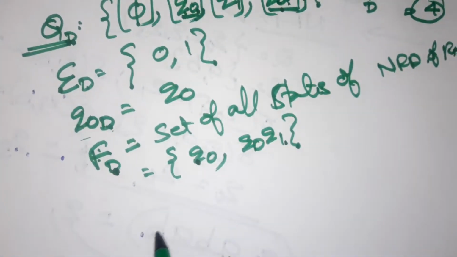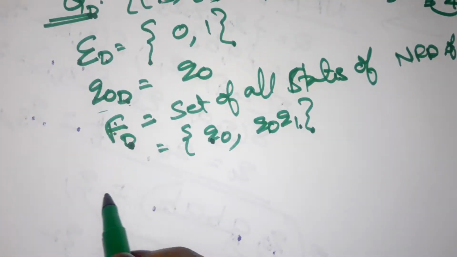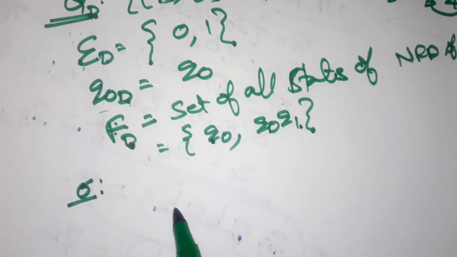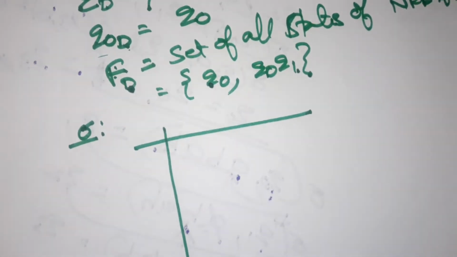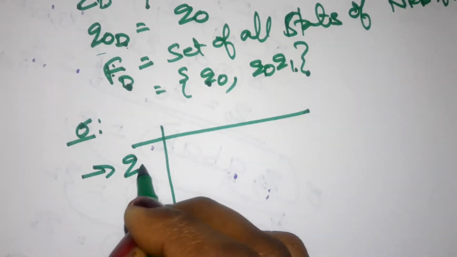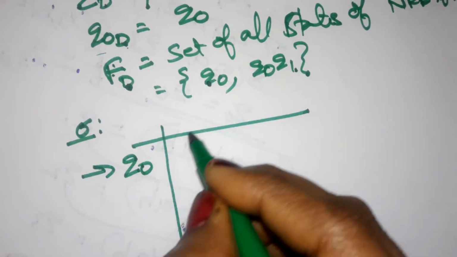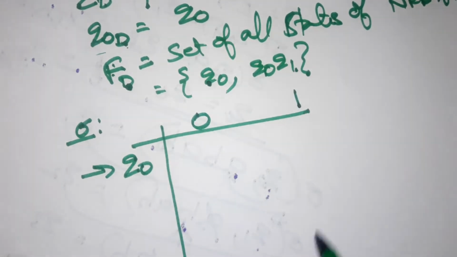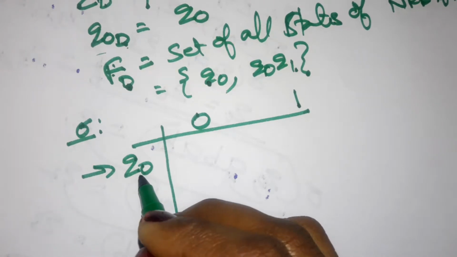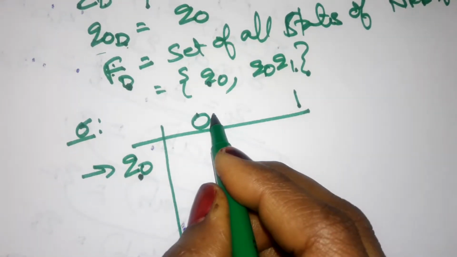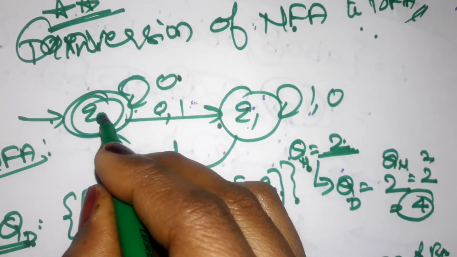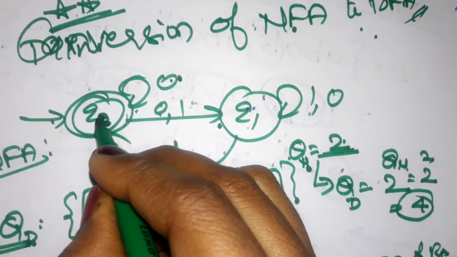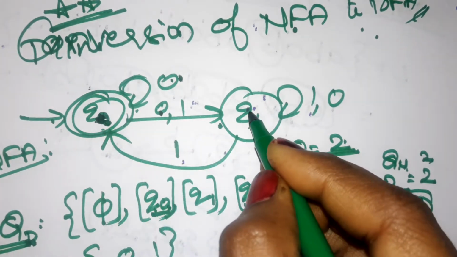So next, finally, you need to take the transition function. This is important. Always start from the initial state only. Start from the initial state and mention the set of input symbols. So first, initial state Q0 on 0, where is it going? Q0 on 0, it is going to the state Q0 as well as Q1.